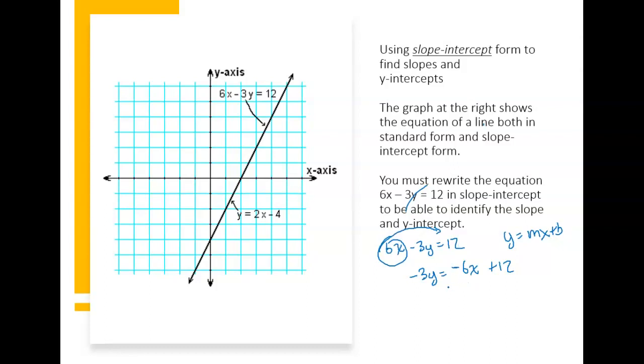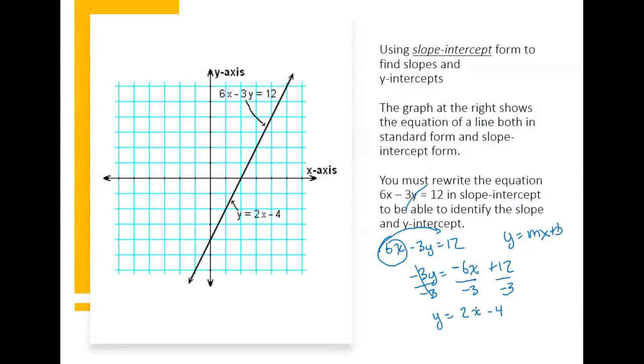So -6x plus 12. Then I need to get rid of this -3. And in order to do that, I have to divide by -3, but I have to do it to every term, right? I can't just divide the -6 by 3 and not do the 12. We have to do both. So -6 divided by -3 is 2x, and +12 divided by -3 is subtract 4.